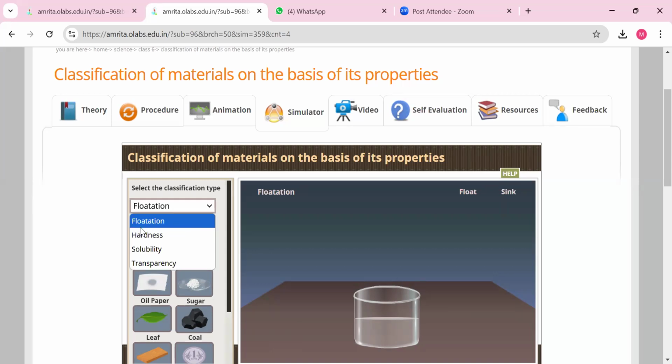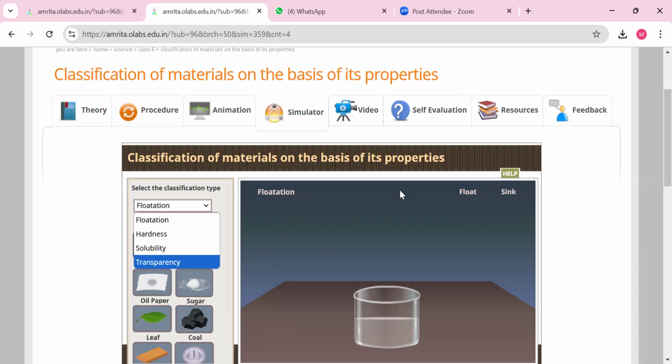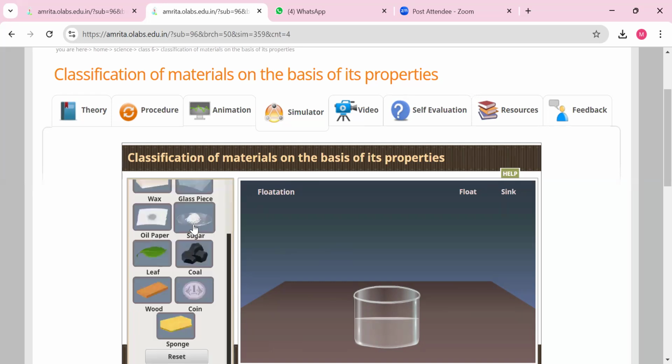What are the properties? Classification, flotation, hardness, solubility, and transparency. Okay, yeah. These are all the classifications of materials. I have different kinds of materials: wax, glass piece, oil paper, sugar, leaf, coal, wood, coin, sponge, like that.